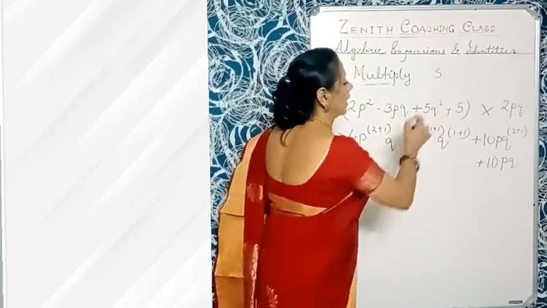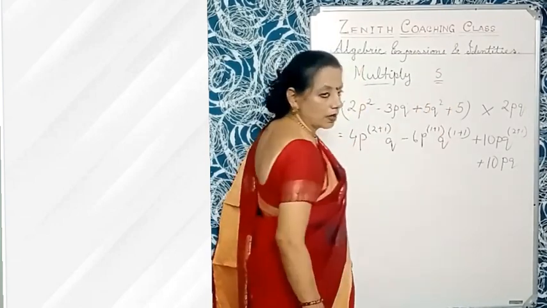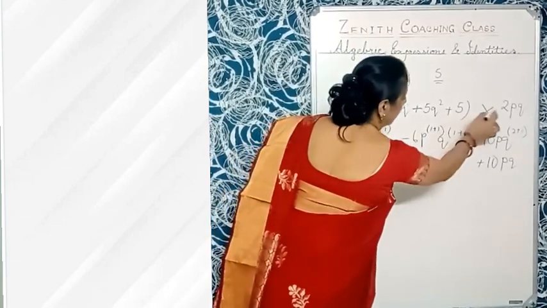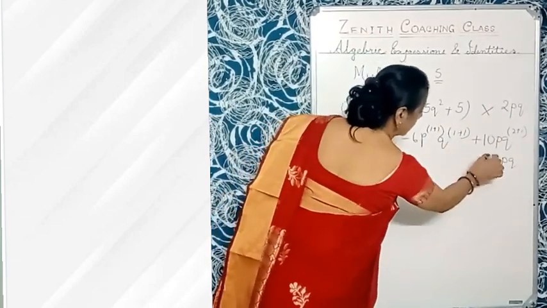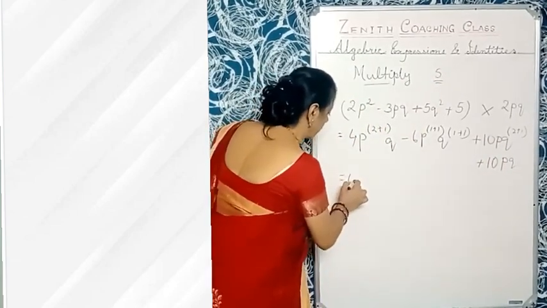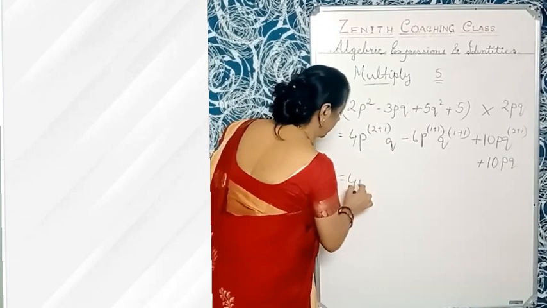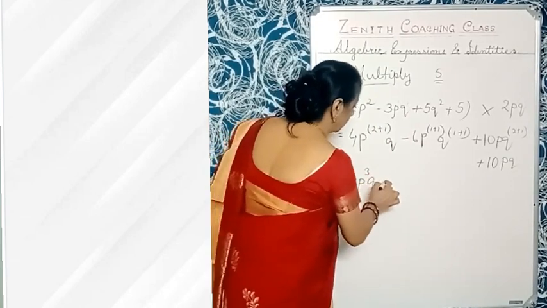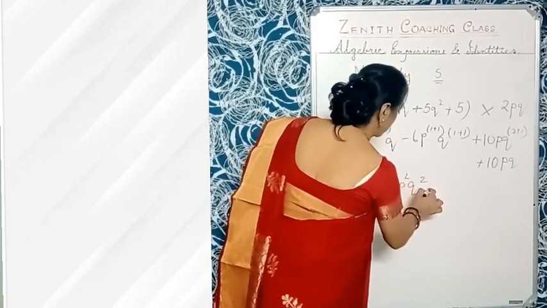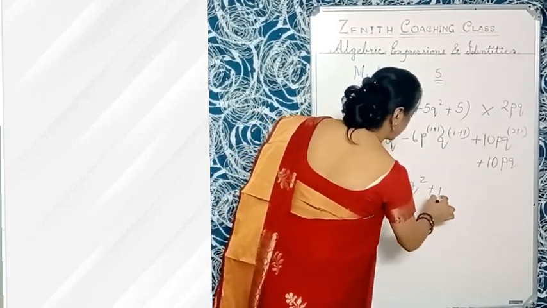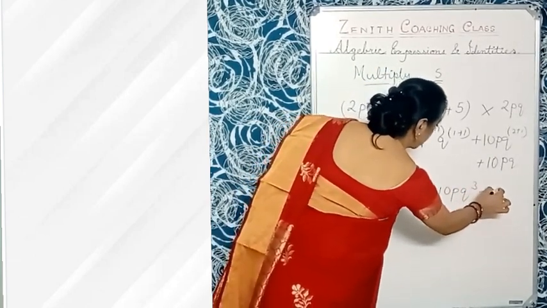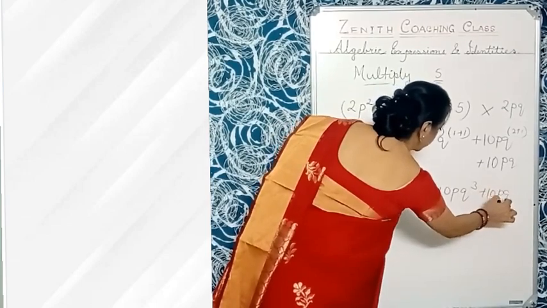So 5 multiplied by 2pq is 10pq. Then you will write here now 4 p to the power 3 q minus 6 p square q to the power 2 plus 10 p q to the power 3 plus 10pq. Here is the answer.